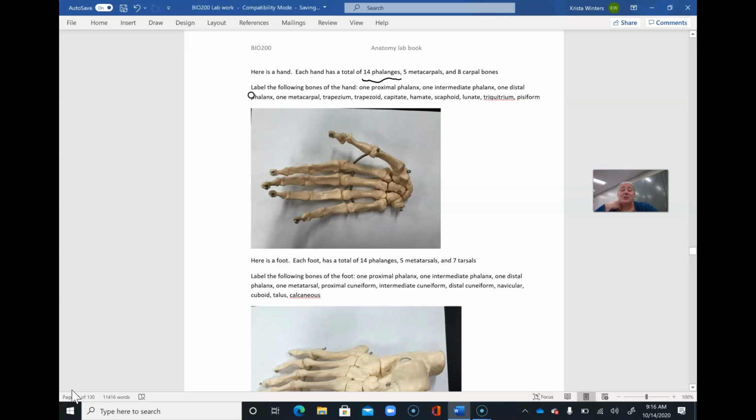Every single body has two feet, and on each foot we have 14 phalanges. So if we take 14 times 4, that is 56 bones that are phalanges.